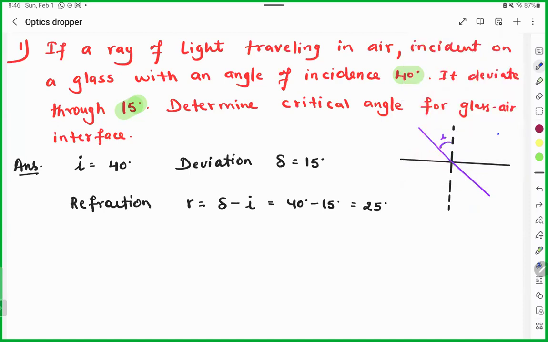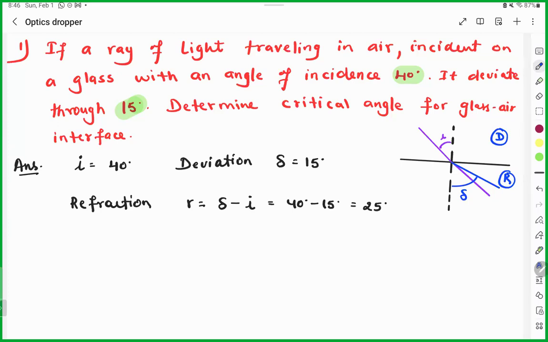What happened in this case? If it is going from the denser medium to rarer, what will happen? It will deviate like this, correct? And we measure everything from the normal.